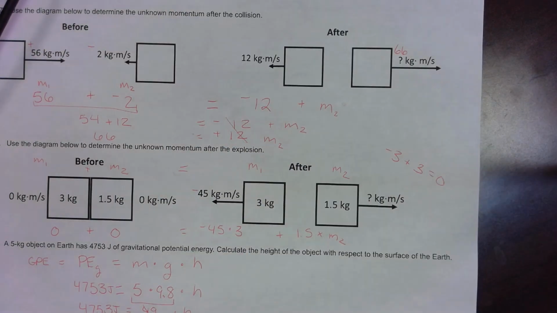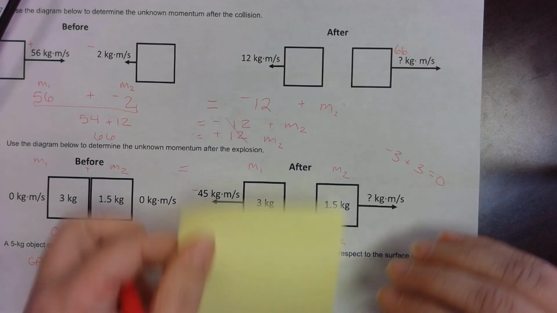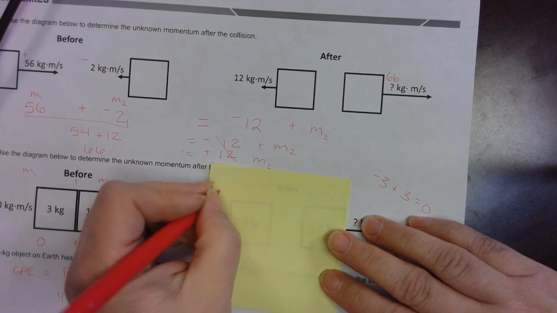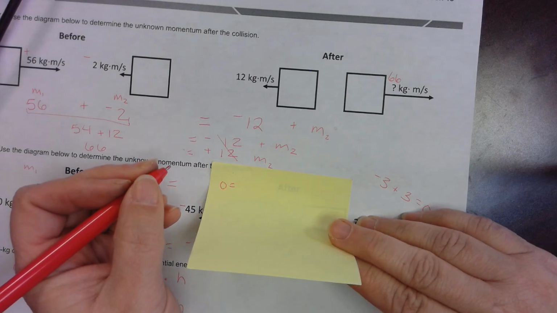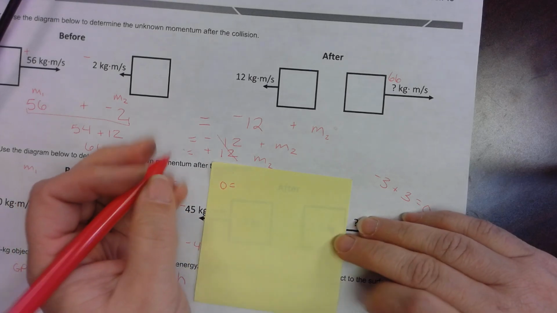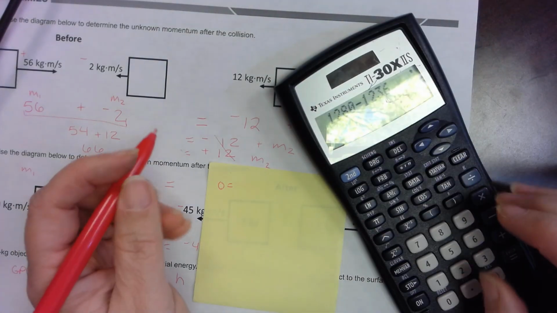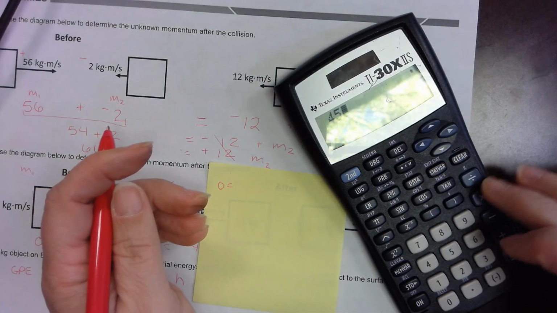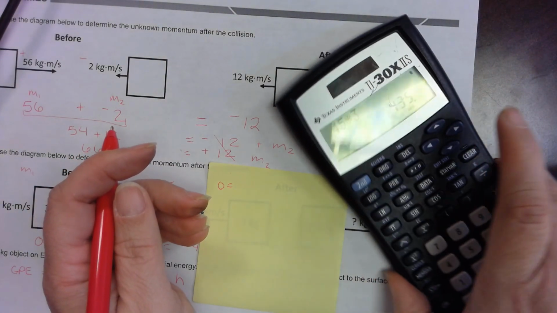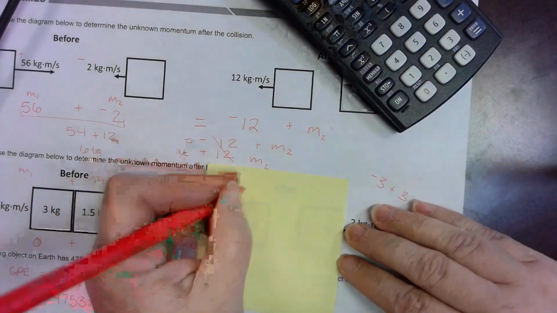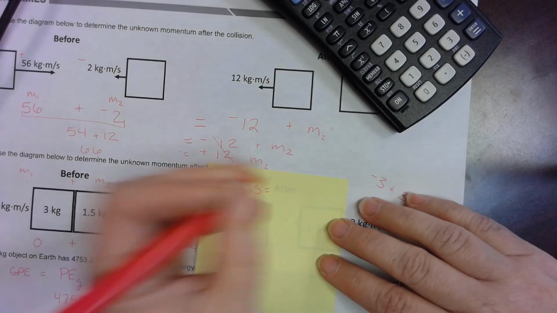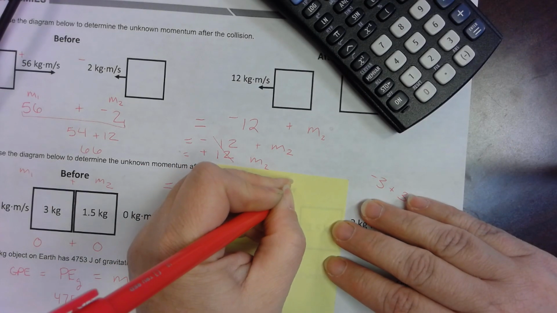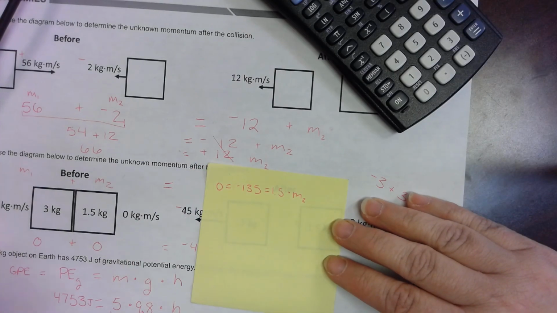I'm going to move this over to a sticky note just to make it a little bit easier to figure out. 0 is equal to negative 45 times 3, so negative 135 is equal to 1.5 times m2.